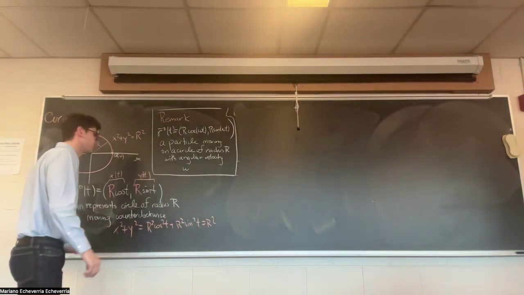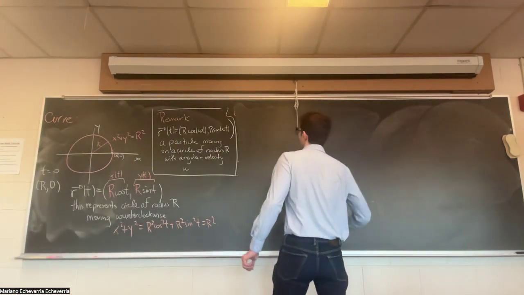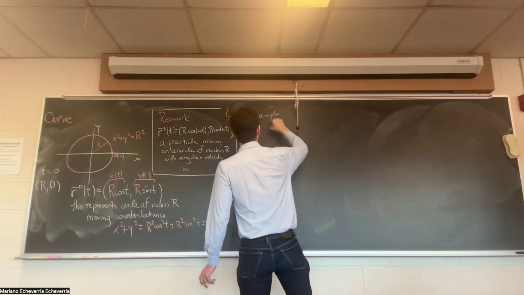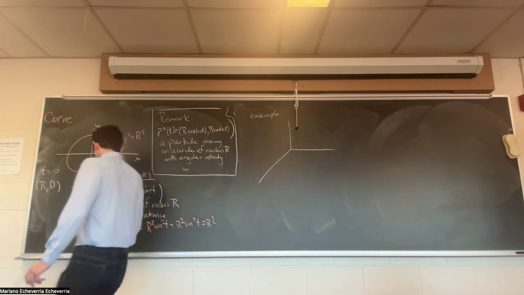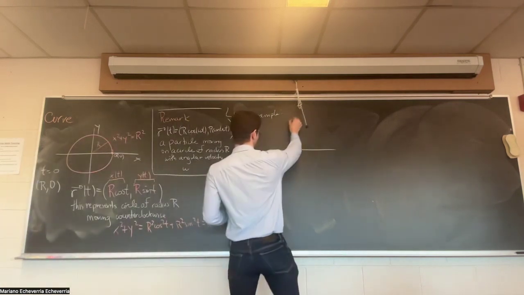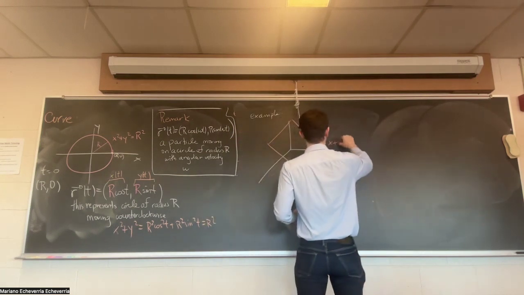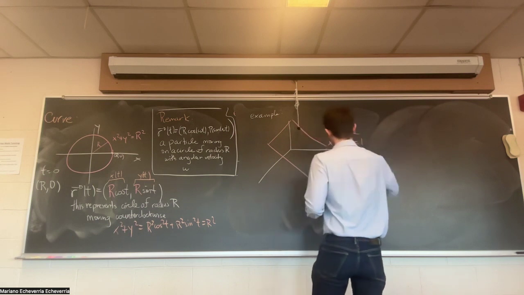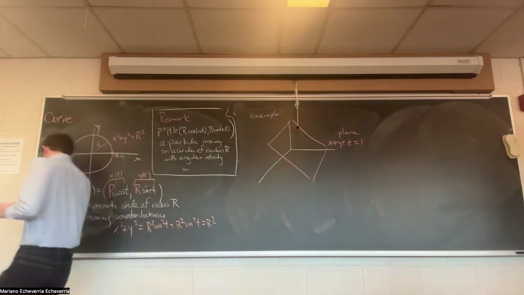Let me draw it here. This is a more important, or more complicated, example. So you have the plane x plus y plus z equals 1. This is a plane. And then you have the cylinder that I just drew for you.